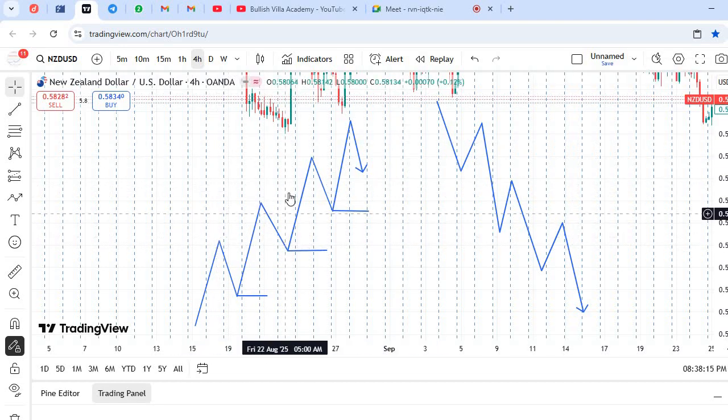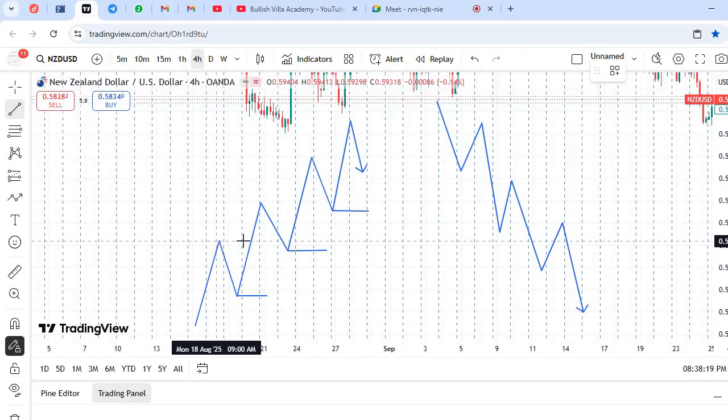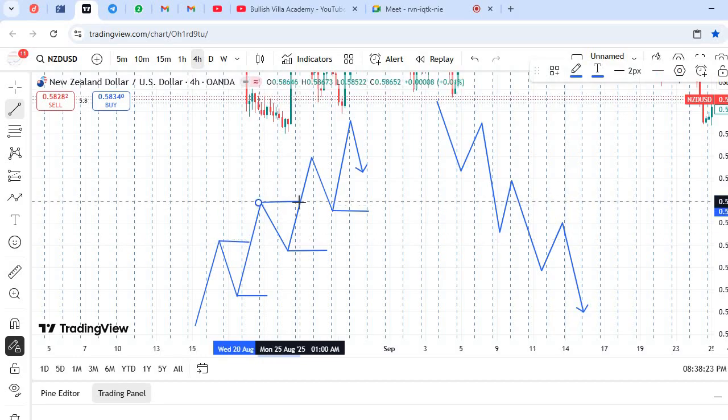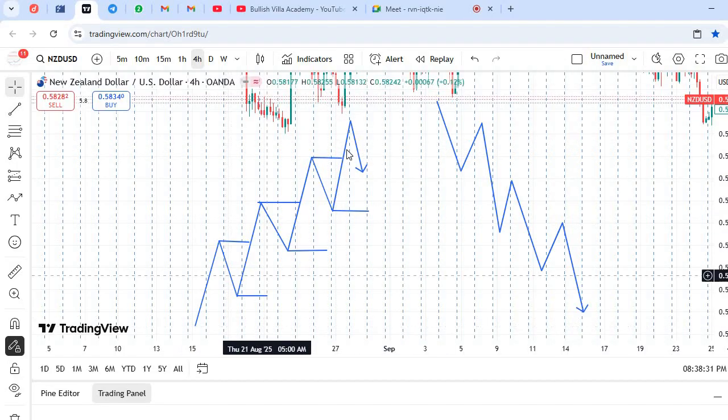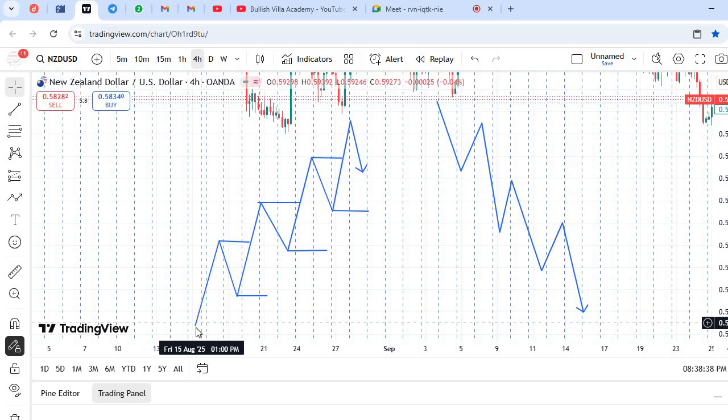You can see that all these highs have been taken out already. Break of structure. Now, in an uptrend, don't forget that the lows sustain the trend. This low is the one sustaining this trend, and this low must not be taken out.